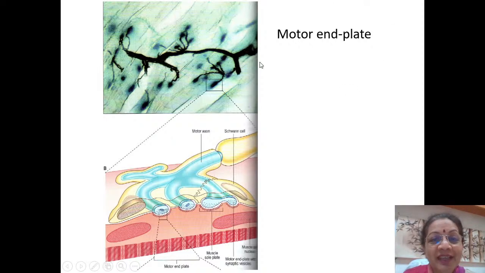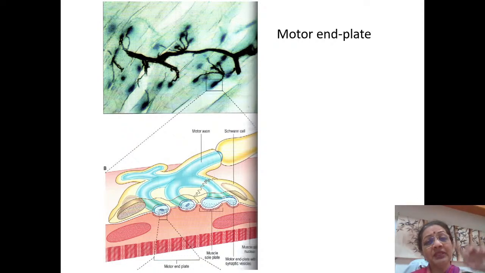It looks, as shown in the drawings and the paintings, like knobby, rounded button-like endings of a tree of branches arising from the end of the nerve, and where it lands on the muscle myolemma, the cytoplasmic membrane of the muscle cell, will be a small ovoid, oval, ellipsoid kind of structure, which is called a motor end plate.